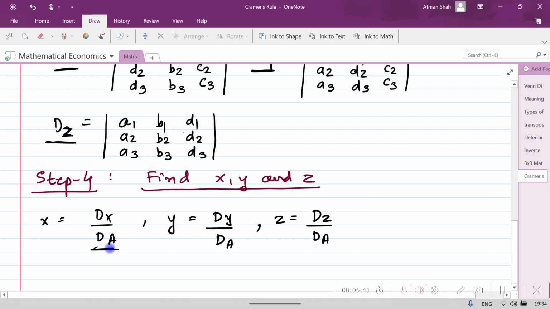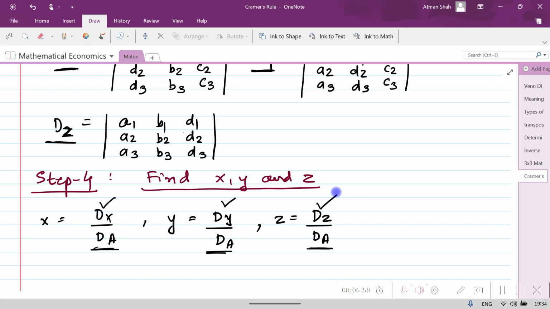This is the determinant of matrix A. This is the determinant of matrix X, determinant of matrix Y, and determinant of matrix Z. So this is how we find the values of X, Y, and Z.